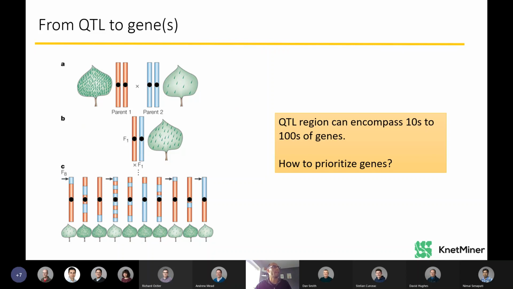So they start with a mapping population, they cross two different parents that show different types of phenotypes. For example, in this example, we've got leaves with lots of hair and leaves with few hairs. And then in the progeny, they can observe different phenotypes, a lot of hair or very little hair.